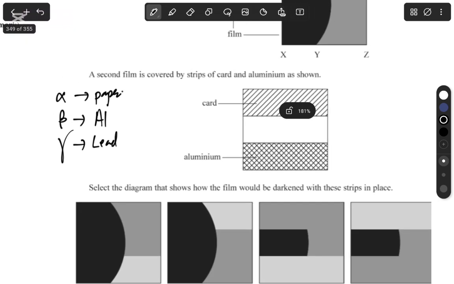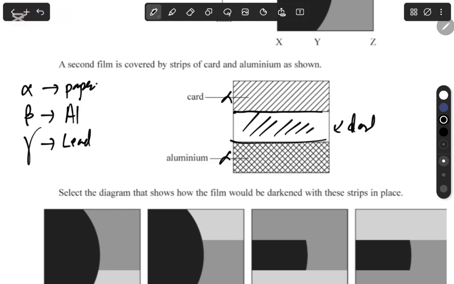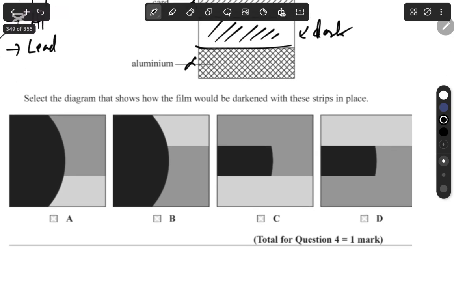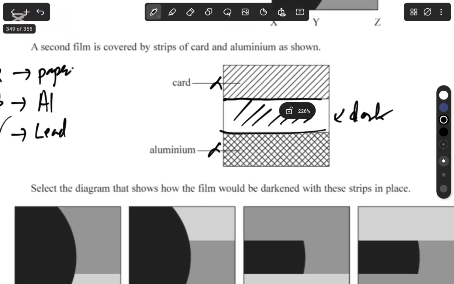Now what's going to happen is that alpha is definitely not going to go through this and this. Alpha will maybe go through this layer here, so this should be very dark. Okay, it should be dark, and we can see that all of them are dark around this area. Let's see something else. Now, alpha will not pass through this or this.